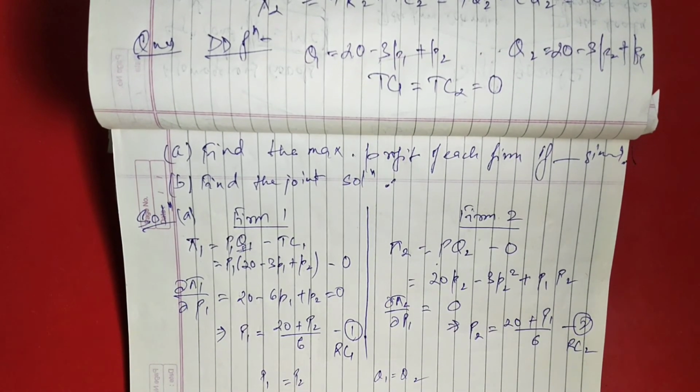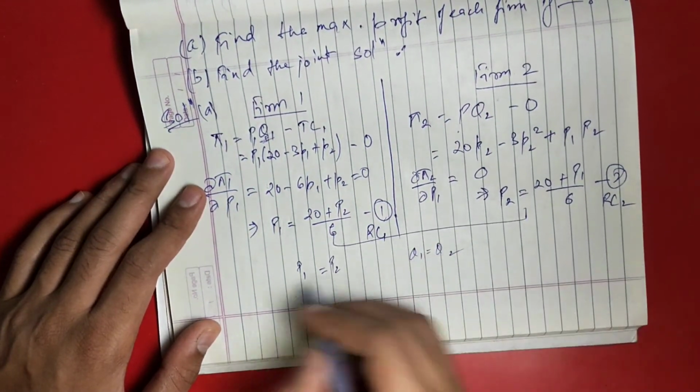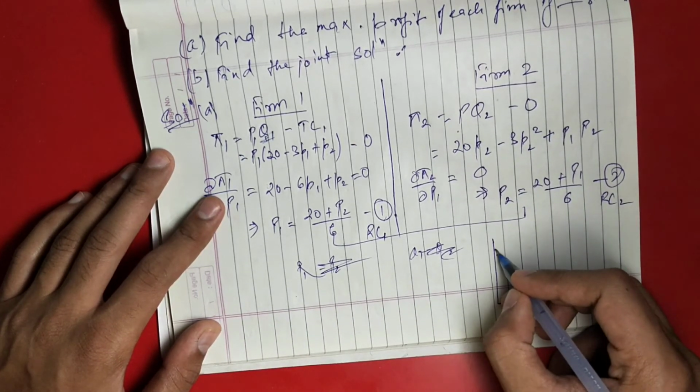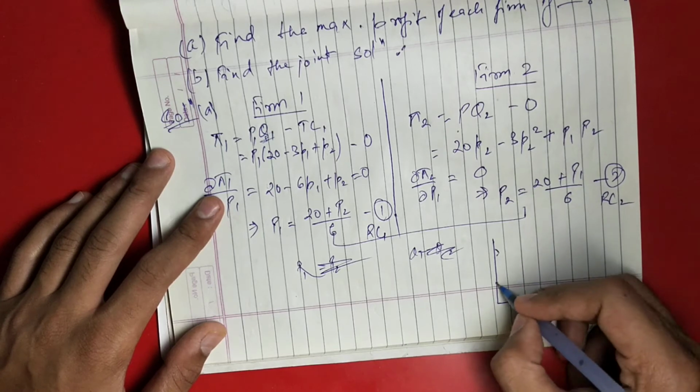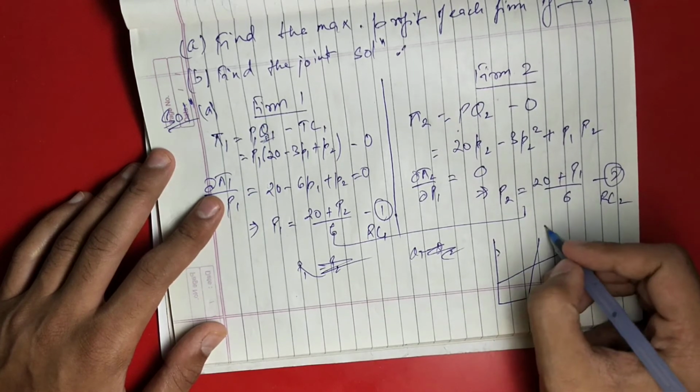I have told you the shortcuts. If you solve these two equations, this will be your RC2 and this will be your RC1.